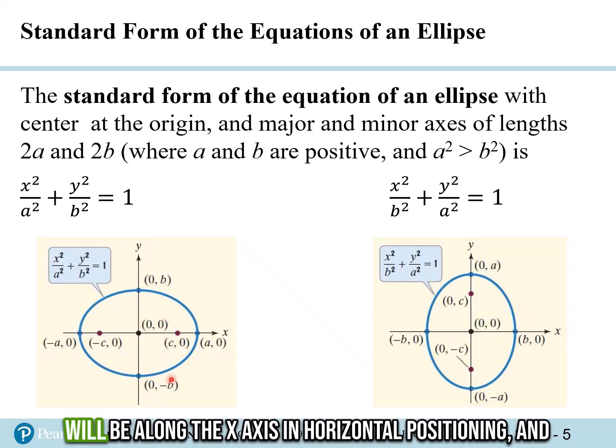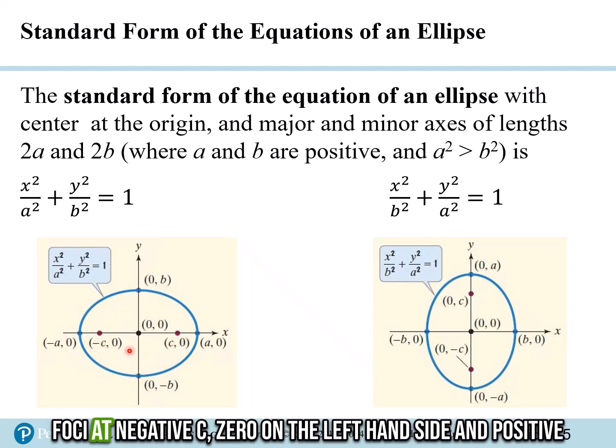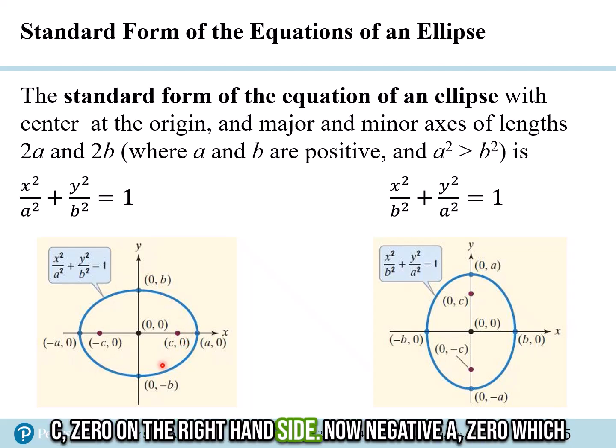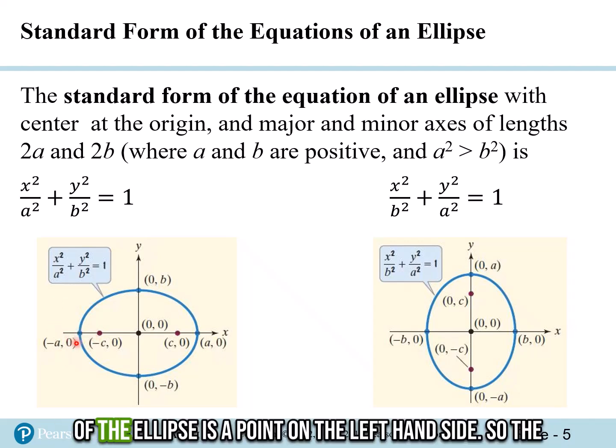The foci will be along the x-axis in horizontal positioning, and they have given the coordinates of each of these foci at -c, 0 on the left-hand side and +c, 0 on the right-hand side. Now, -a, 0, which is one of the vertices of the ellipse, is a point on the left-hand side.